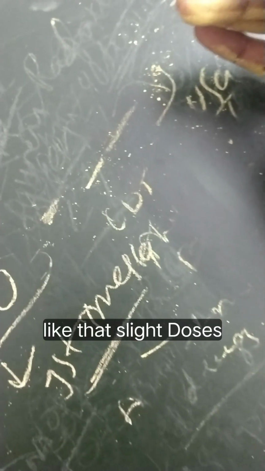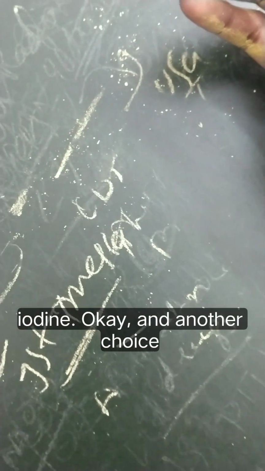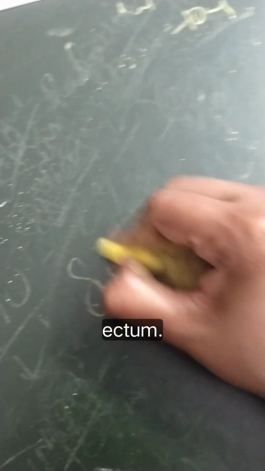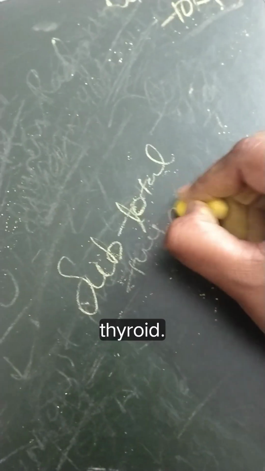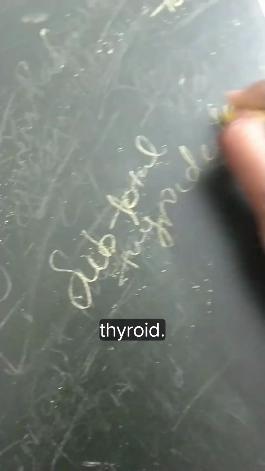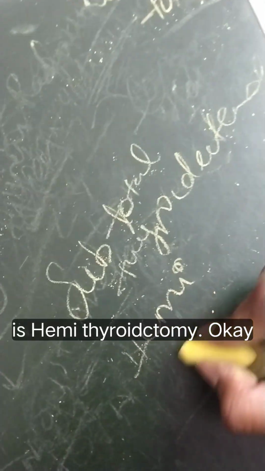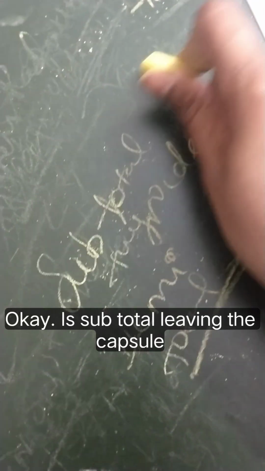And radioactive iodine. Another choice is subtotal thyroidectomy. We have many thyroidectomies. One is hemithyroidectomy, one is total thyroidectomy, and this is subtotal, leaving the capsule behind and removing the gland.